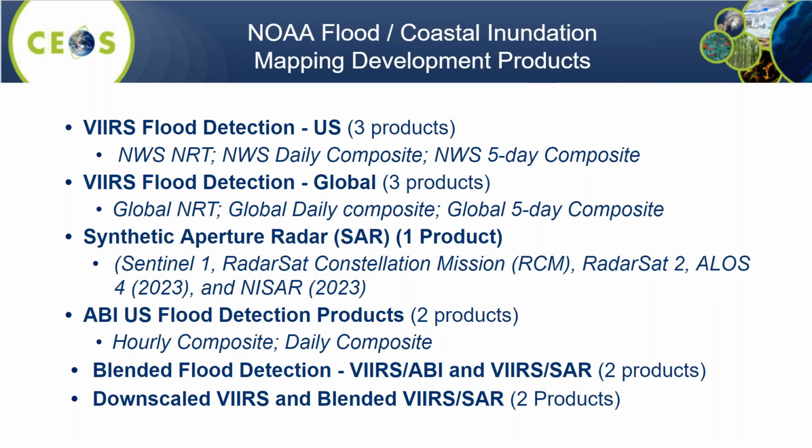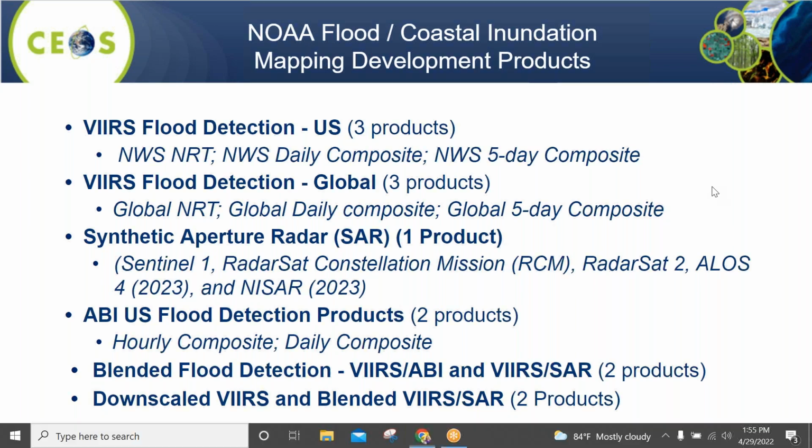We have the ABI, which can do hourly or daily composites of products, but obviously has a limited scope as to where it can see, which is mostly just over the US or the Western Hemisphere, nothing at higher latitudes. It also has a limited resolution. And then we're creating blended products using combinations of these different satellites. Next slide.